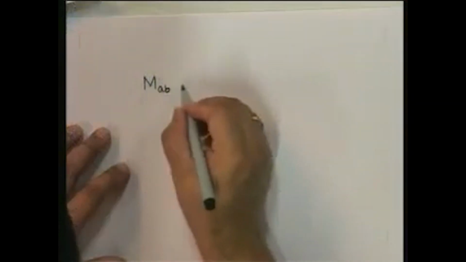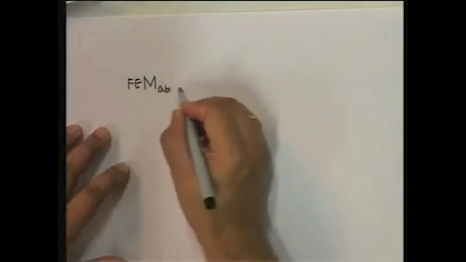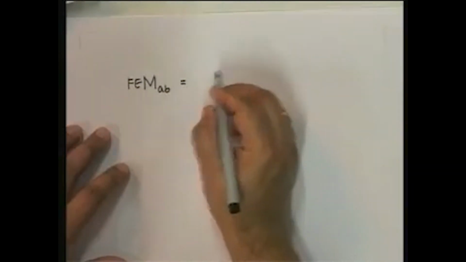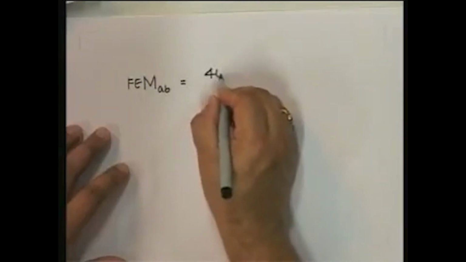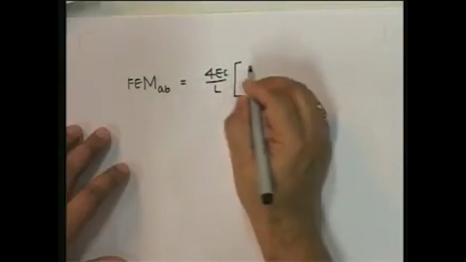So if I plug that in, what do I get? I'll just do it for MAB, and then MBA I can just put it at equal to. So the fixed end moment is equal to, if you plug it in, 4EI upon L into minus of theta AB.